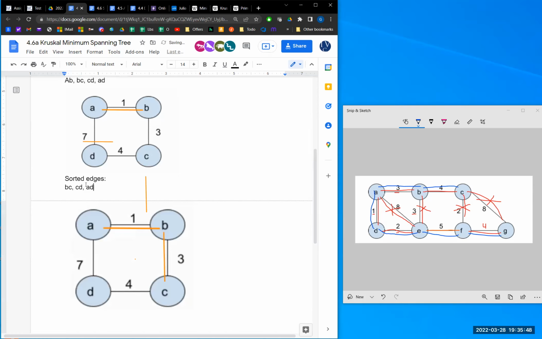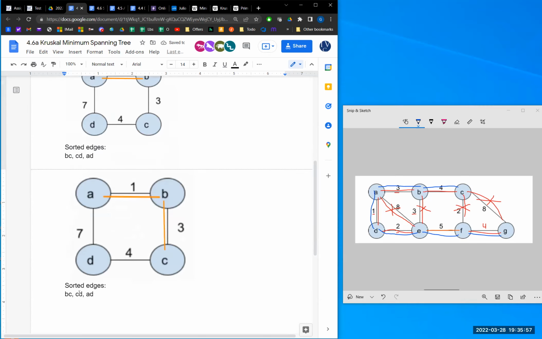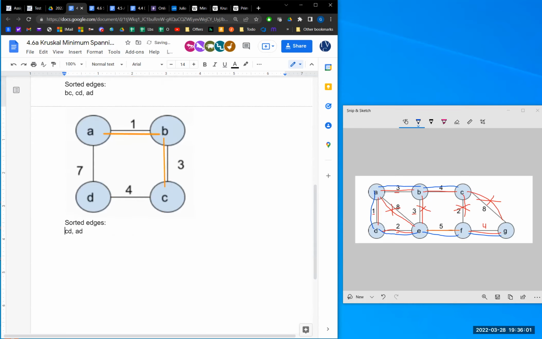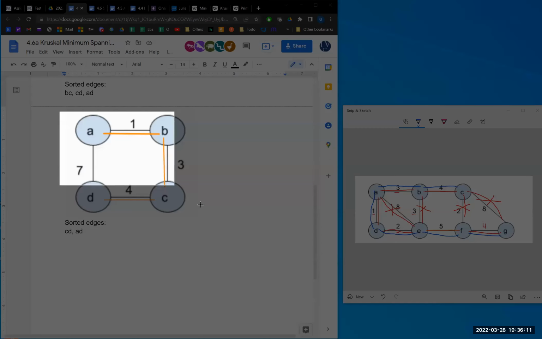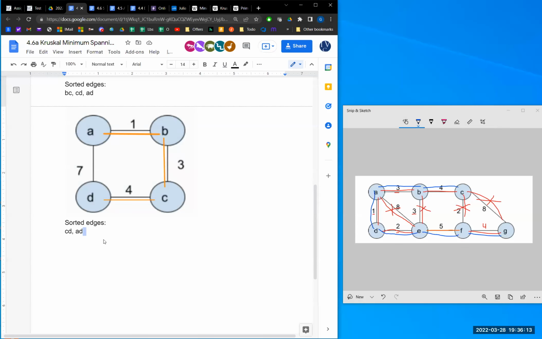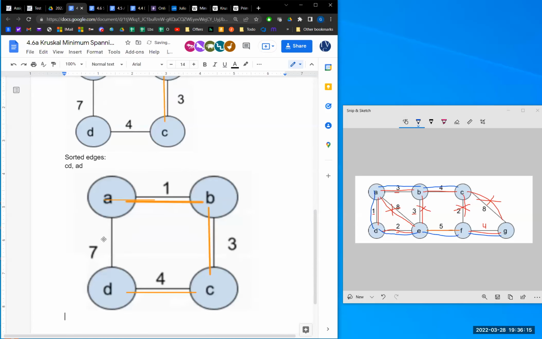And we've got our sorted edges. Last we have is CD, and for that edge no cycle is detected. We can't get anywhere else, and we're done.